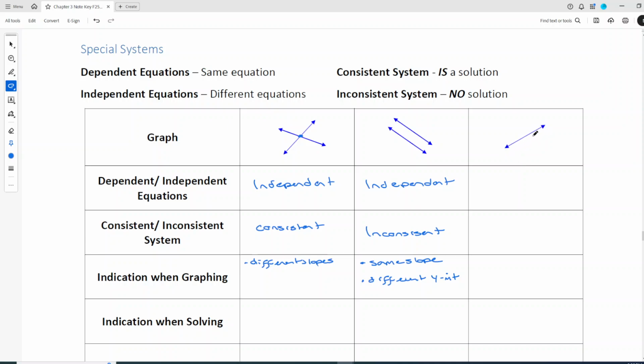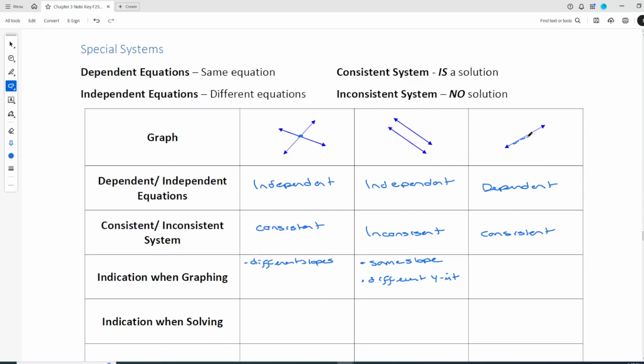Okay. What about this? This is surprisingly two different lines, but they graph the same line. So it's two different sets of equations, but they graph the same thing. What does that mean? Well, it means that they're dependent. They have to be the same equation. And is there a solution? Oh, there is a solution. This is a consistent system, but it's consistent all the way along.